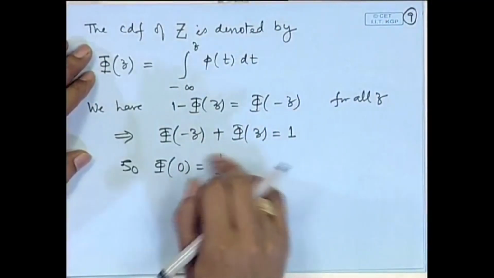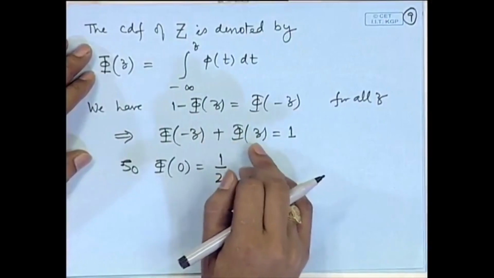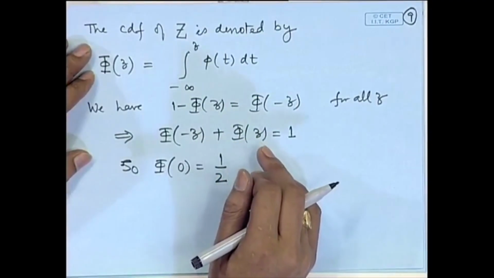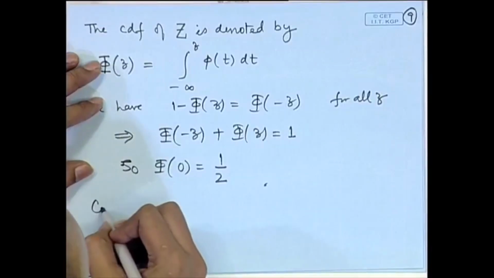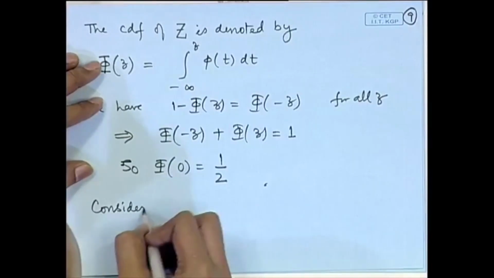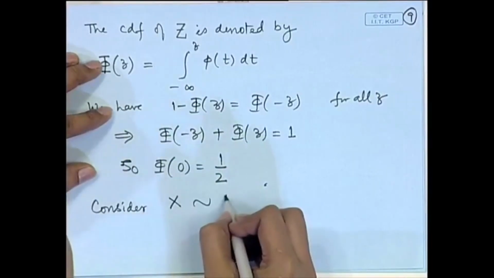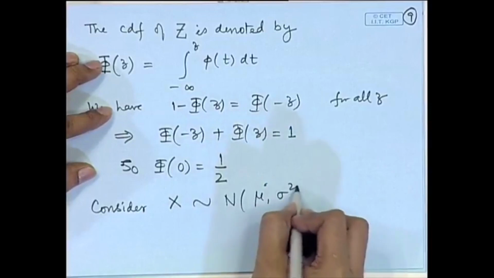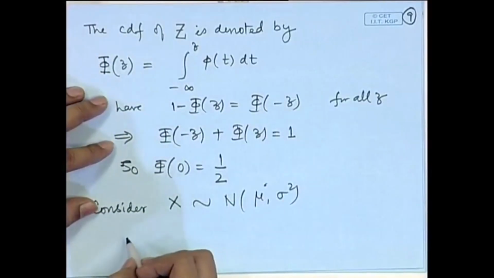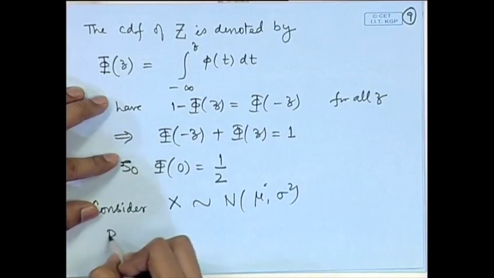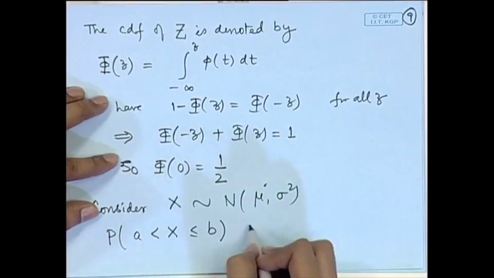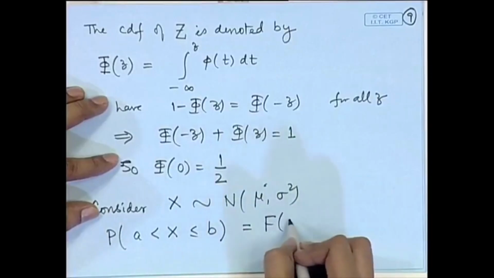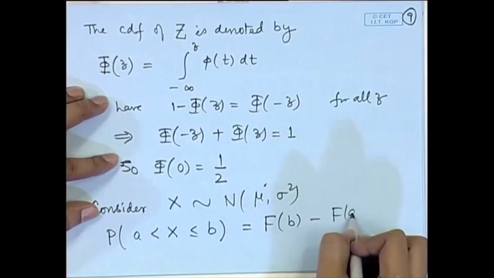Now, this will help us in evaluation of the probabilities related to any normal distribution. So, if we are having a general normal distribution, that is normal(mu, sigma square), and we are interested to calculate say probability of a less than x less than or equal to b, then it is equal to F of b minus F of a.